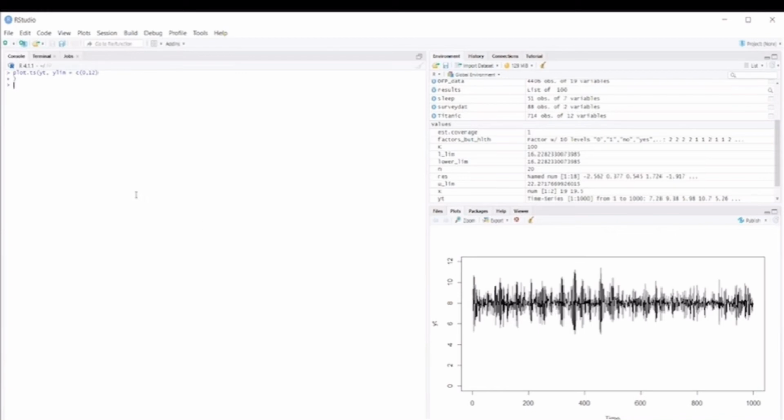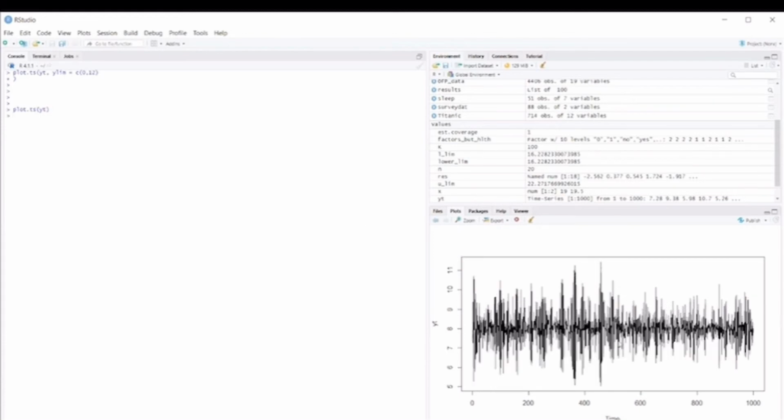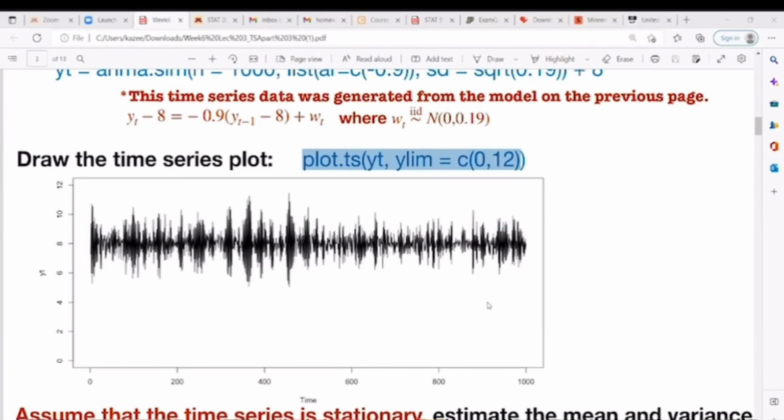You just do plot.ts of your YT. Even if you don't want to do that, you can just write plot and put YT into that, and it should give me the same. Even plot.ts of YT, you should be fine. So that's a time series plot, and that's what you have here.